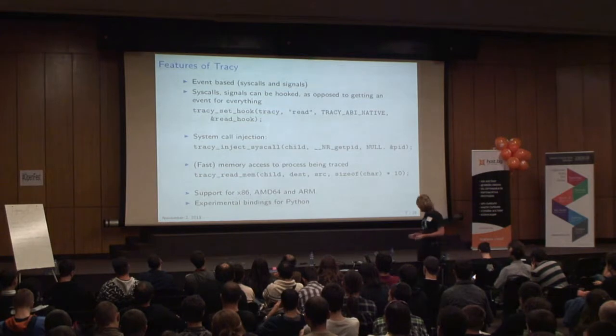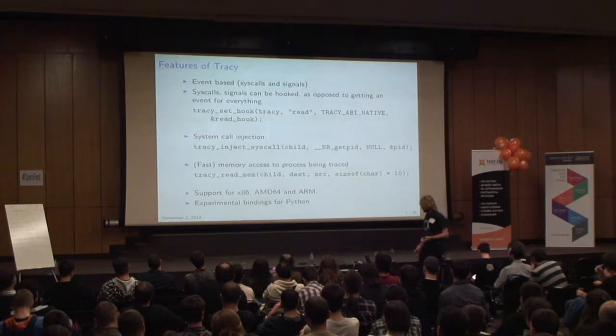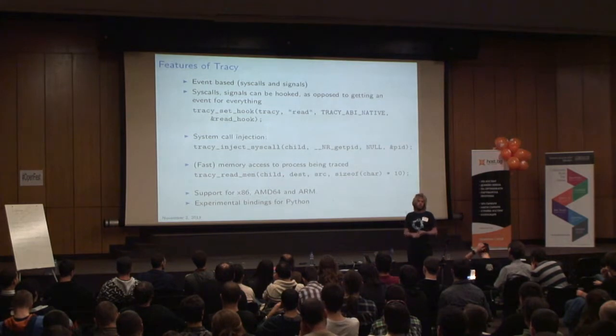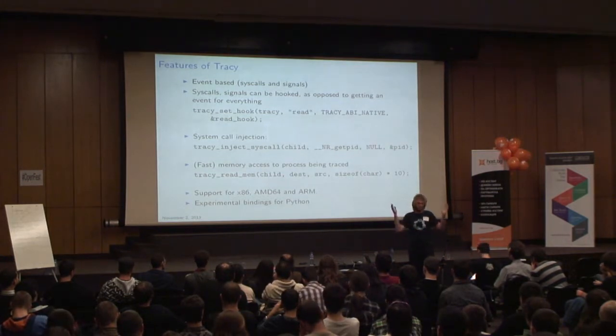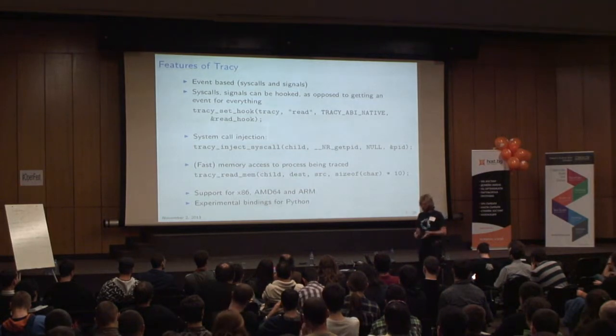So a very nifty feature we built in, apart from just tracing system calls, is that you can inject system calls, which means that the process is stopped. For example, it was trying to open a file, but meanwhile you wanted it to do something else, like create a network socket. Now when the process is stopped at a system call, you can just change the system call number.